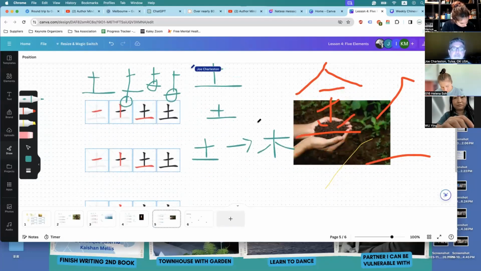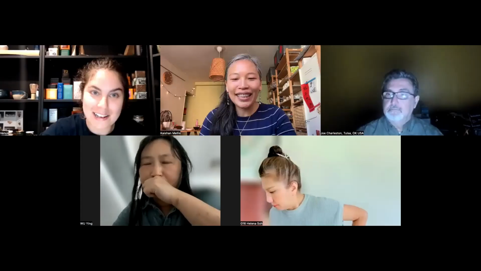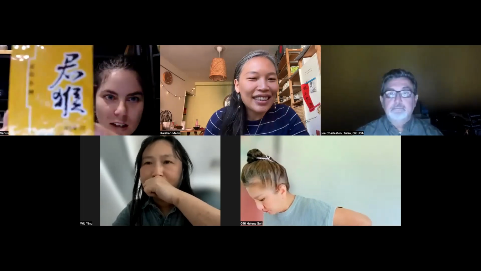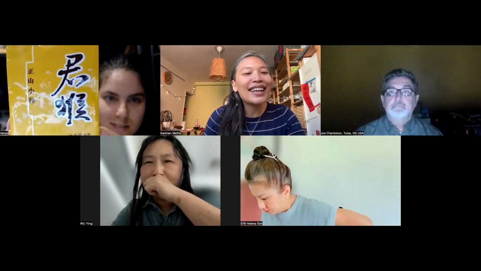Okay. So any tea labels today? I have one. Yes. It was one that was gifted to me by a customer. I know it's a black tea, but I don't know what kind of black tea it is, but I have been enjoying it. Okay, let's have a look. Junhou. Oh, okay.